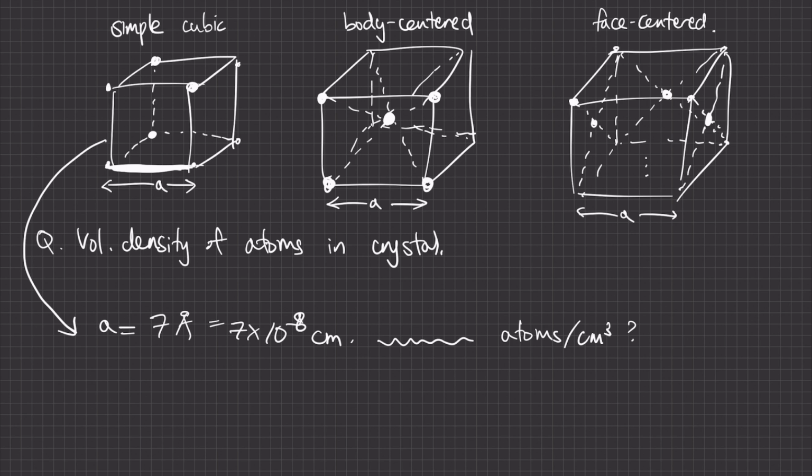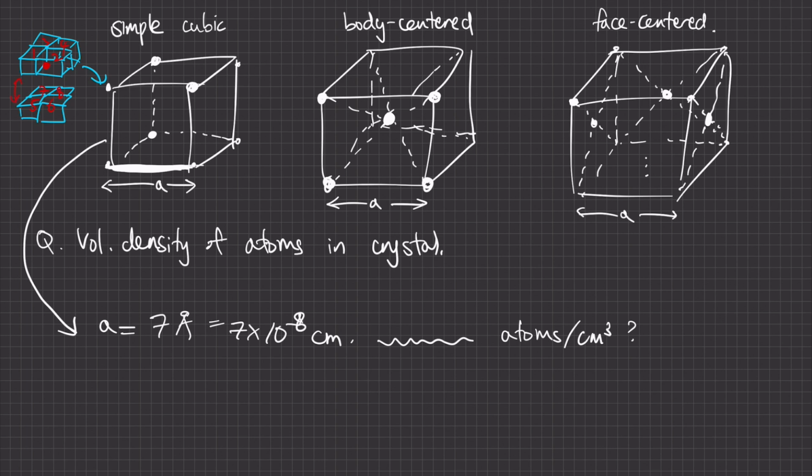You need to remember that this is a crystal, so that atom at the corner is shared by 8 cubes, because it's going to look like 1, 2, 3, 4 upper ones, plus 4 in the lower section. So 1 atom there will be shared by 1, 2, 3, 4, 5, 6, 7, 8 cubes if you have them together.